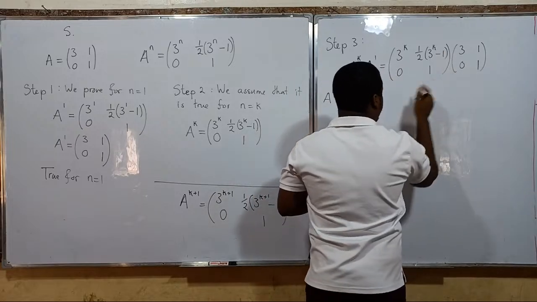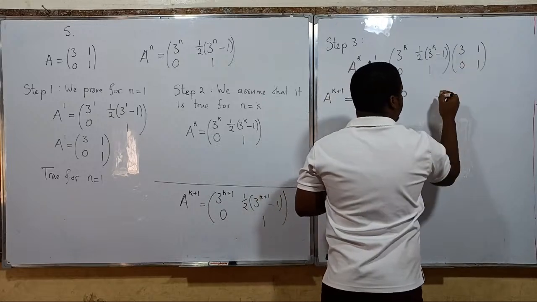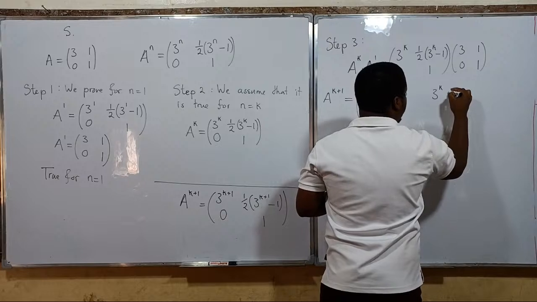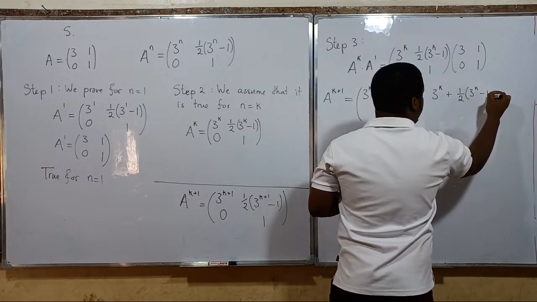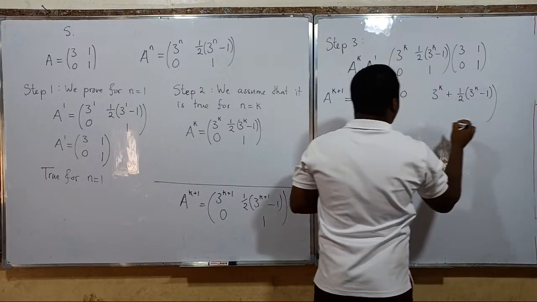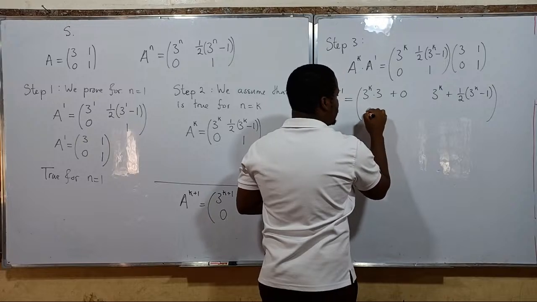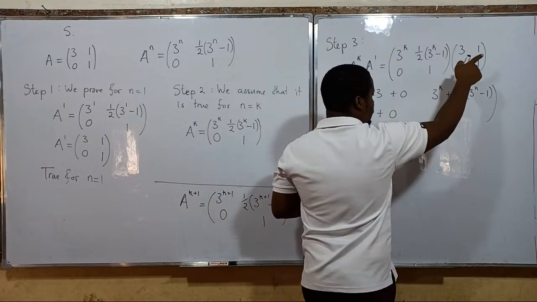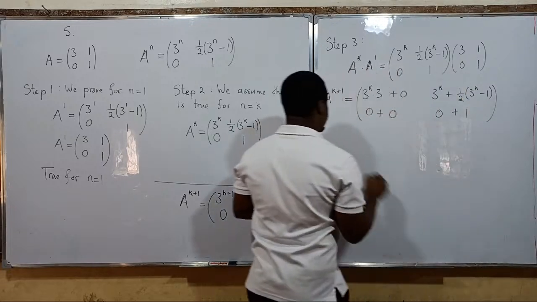This times 0, we get 0. 3 to the k times 1, 3 to the k. This times 1 will get half, 3 to the k minus 1. Then this row times this column: 0 times 3, 0, plus 1 times 0, 0. 0 times 1, 0. 1 times 1, 1.